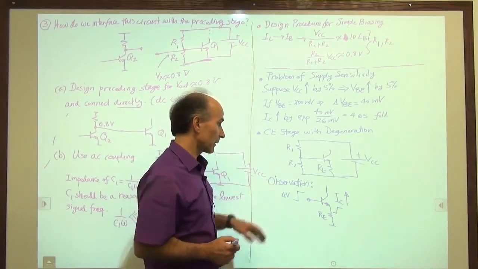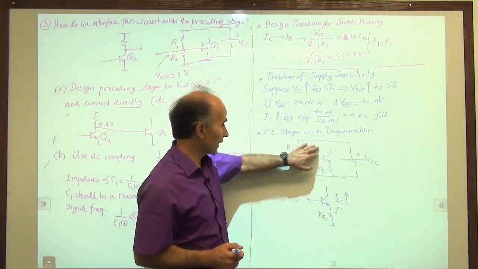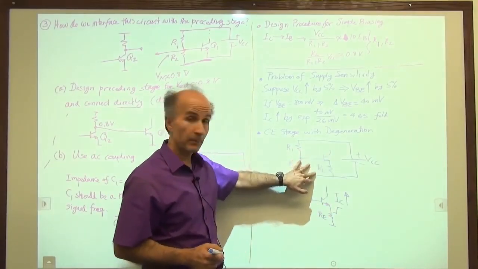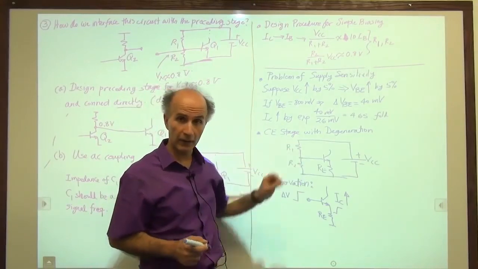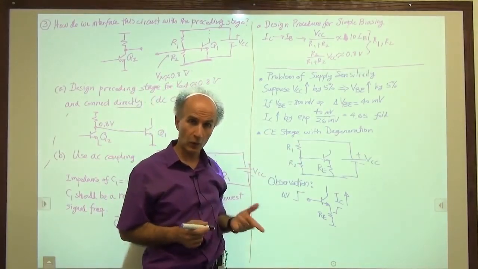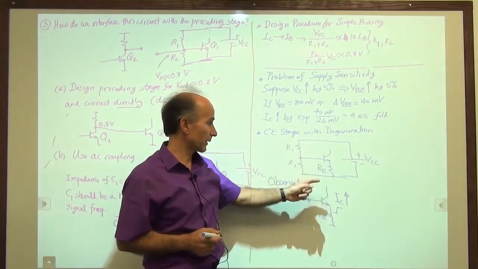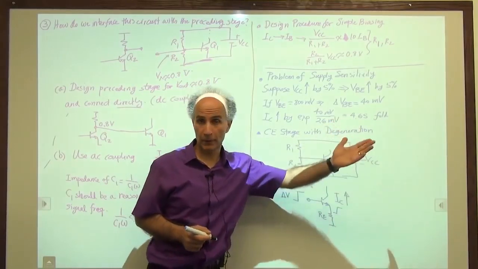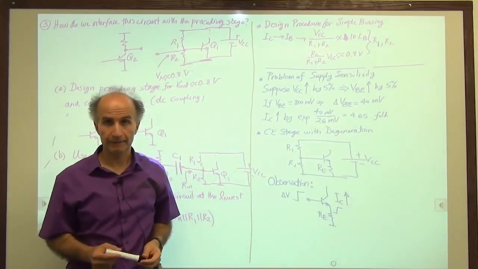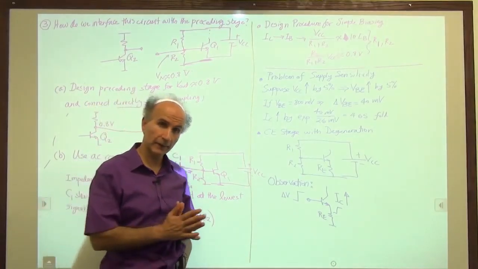Okay, so let's remember this observation, and now we are ready to understand why this circuit is better than this circuit in terms of supply variations. We are hoping that when this supply goes up by 5% and this base goes up by 5%, the collector current doesn't blow up by a factor of 4.65. So is that something that we can predict?